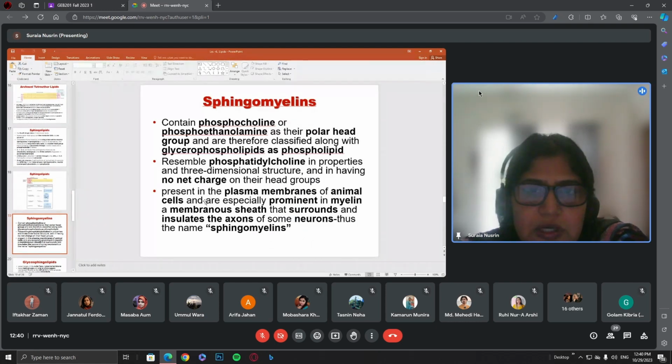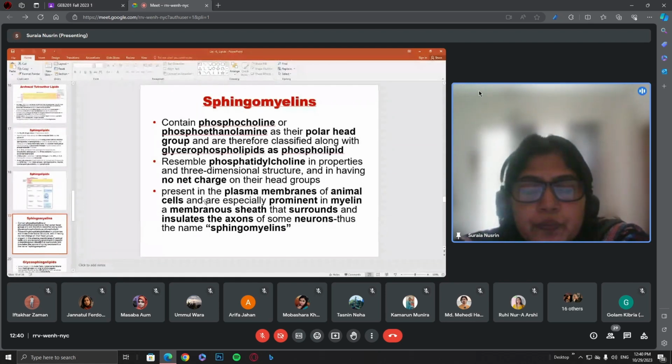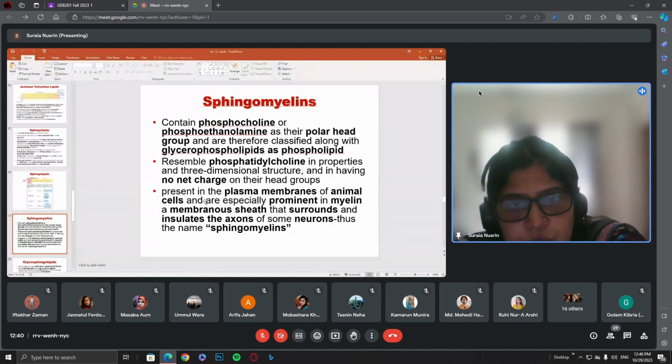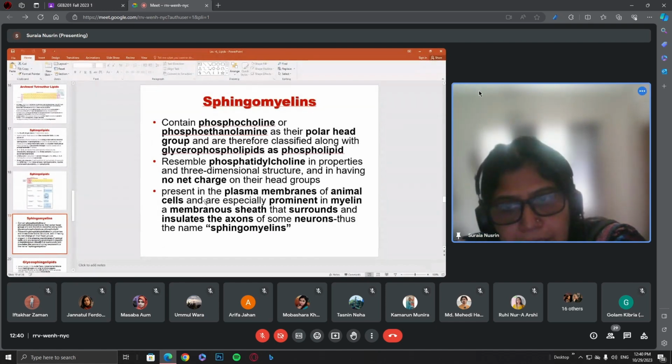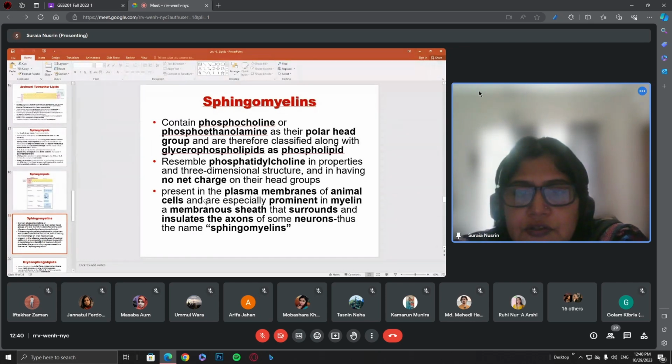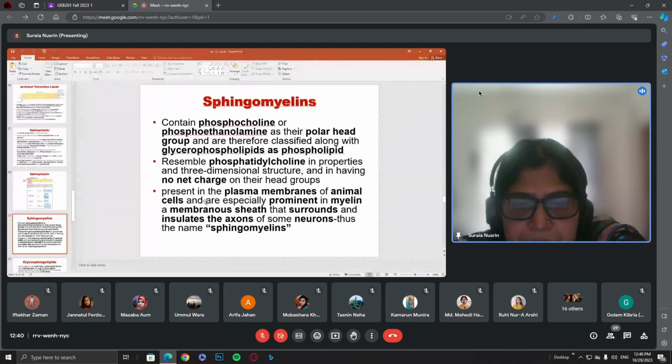So the very first one is sphingomyelin. So here they have almost the same polar head group as we have seen in case of glycerophospholipid, which is phosphocholine or phosphoethanolamine. Okay, so because of the similarity in the polar head group, we can actually place these membrane lipids under the glycerophospholipid.